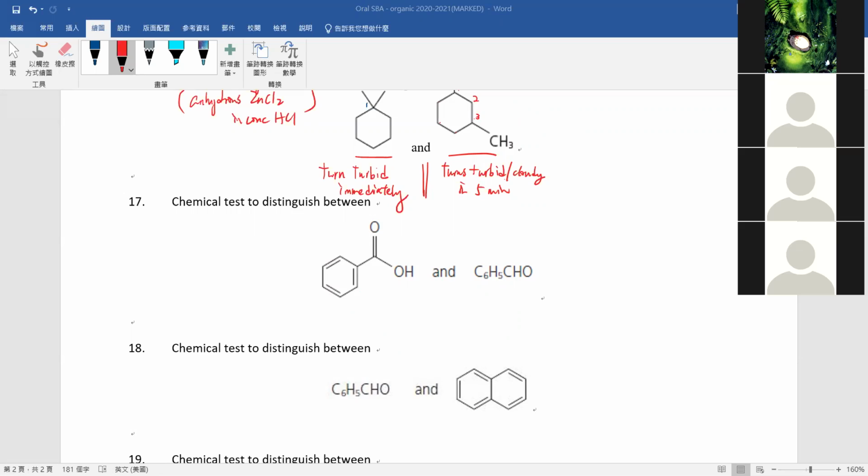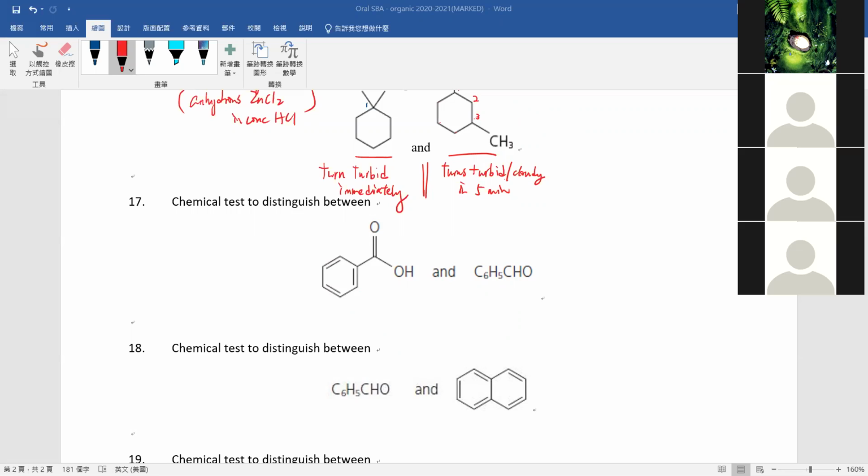How to name this? Anyone who can tell? Now you may yell out the answer. Methanoic acid, yep, for the left-hand side.